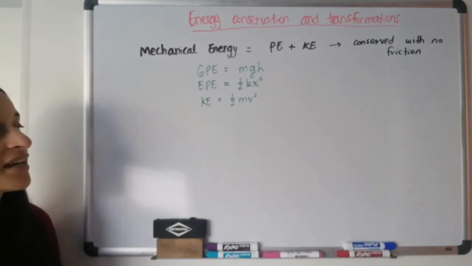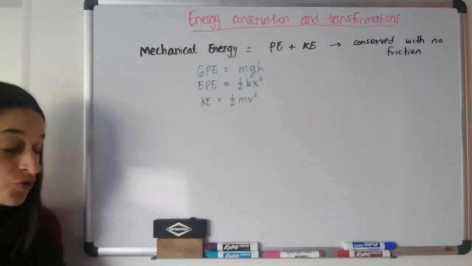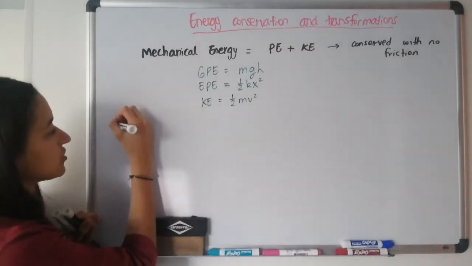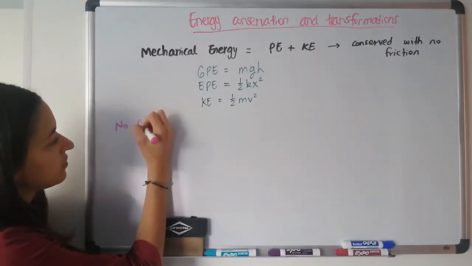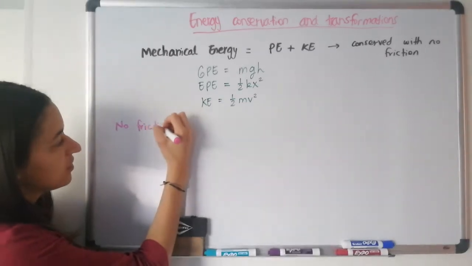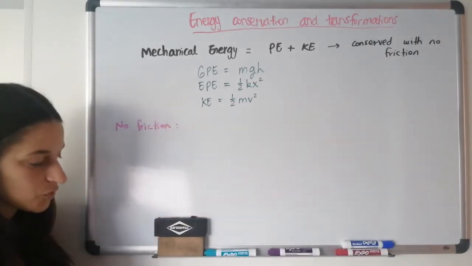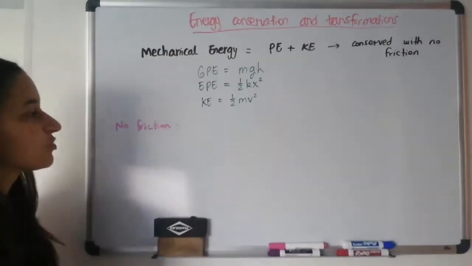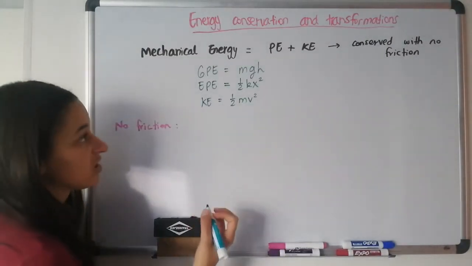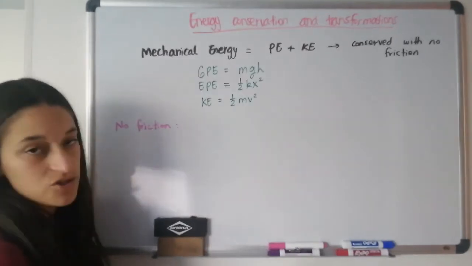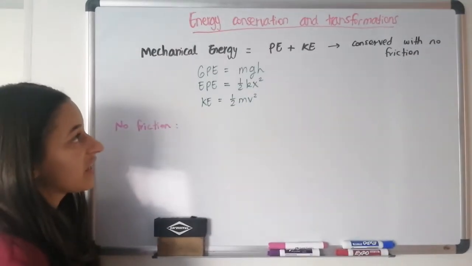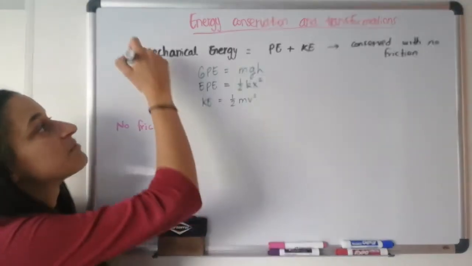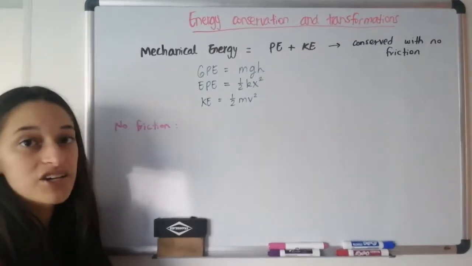And we're saying that mechanical energy is conserved when there's no friction. So if we want to do this for the case in which there is no friction, we can write it as an equation in the following way. Suppose we have a situation 1 and a situation 2. In situation 1 and situation 2, there's going to be the same mechanical energy because mechanical energy is conserved.